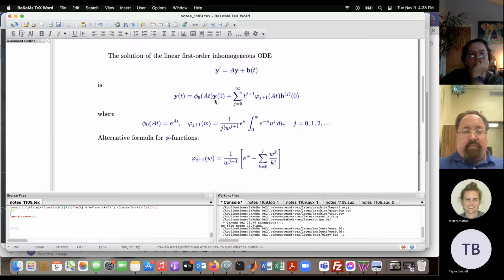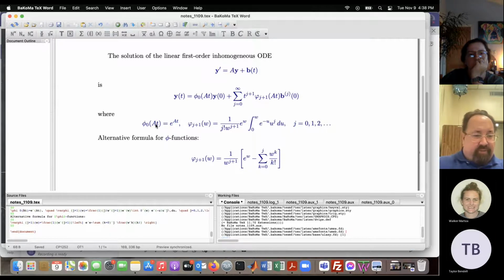So what would happen is, to evaluate these φ functions, the matrix A times a scalar t is substituted in for w. Actually, I can write this as φ0 of w also. It's just e to the w.